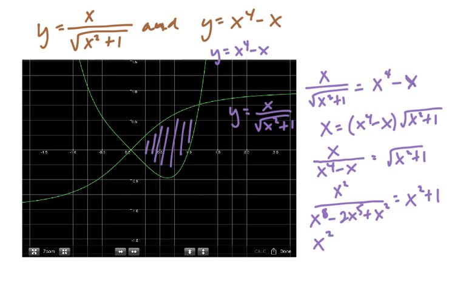So if you multiply that to the other side, you get x squared plus 1 times this craziness, x to the 8th minus 2x to the 5th plus x squared. Now there's not really a good way to solve that. So let's use your calculator, and you can see this point right here is going to be between 1 and 1.25.